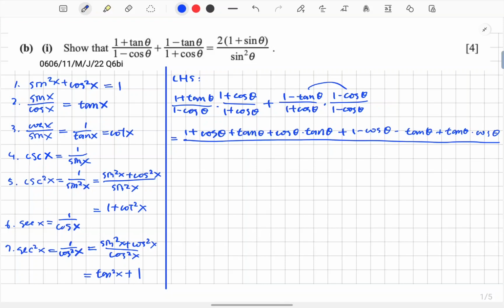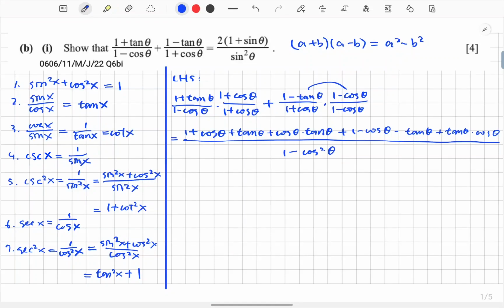We will now use the identity 1 plus b multiplied with 1 minus b is a squared minus b squared. So we have 1 minus cosine theta times 1 plus cosine theta, and the two terms have the same denominator. So it will be 1 minus cosine squared theta.